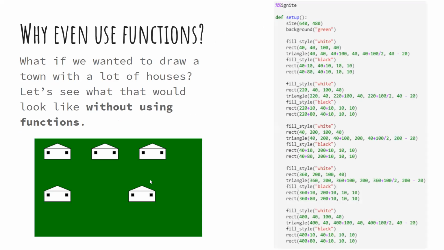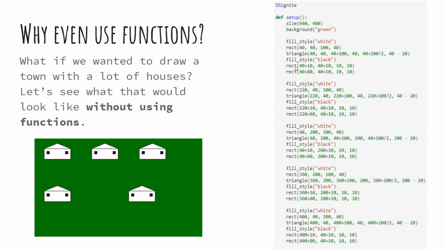Now let's take a look at this example. What if we wanted to draw a town with a lot of houses? Let's see what that would look like without using a function. We would basically start off by giving a size and a background. And for each particular house, we're going to do this.